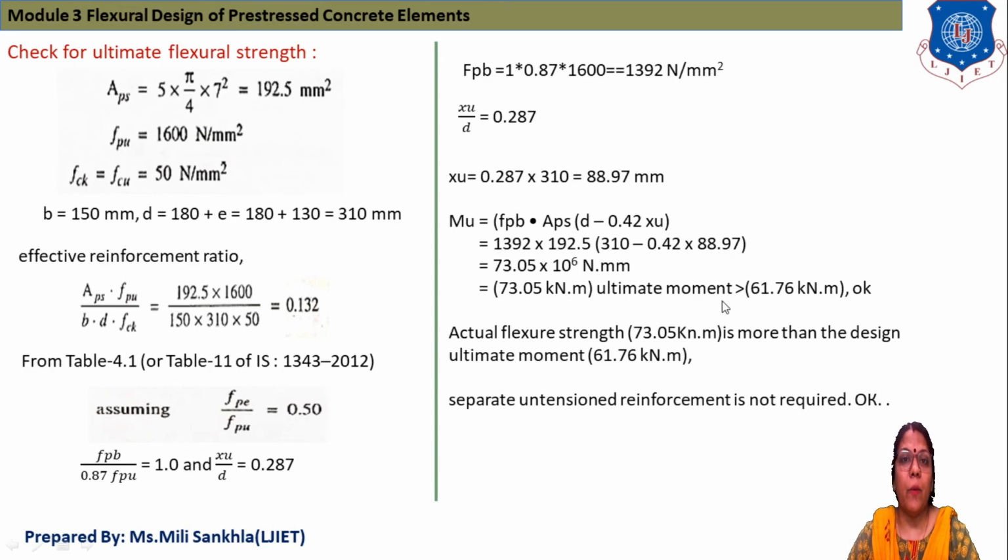This is our ultimate moment, which is greater than the 61.76 kilonewton meter that we found first. Actual flexure strength is 73.05 kilonewton meter, which is more than the design ultimate moment. So separate on-tension reinforcement is not required.